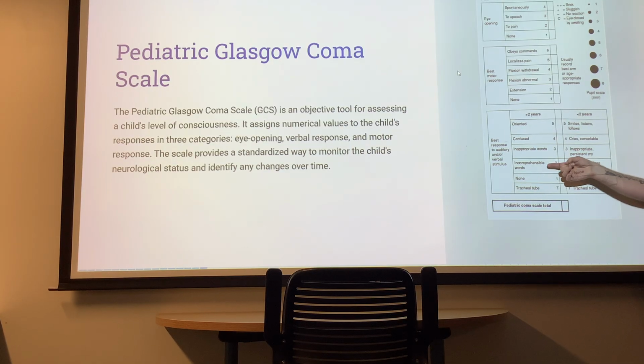But what are they saying? Is it incomprehensible, can you not understand them, or can you understand what they're saying? Or are they using inappropriate words? Maybe you're asking them to name objects, and normally they would know what those are, but if you show them a picture of a dog and they tell you that's a bike, right?